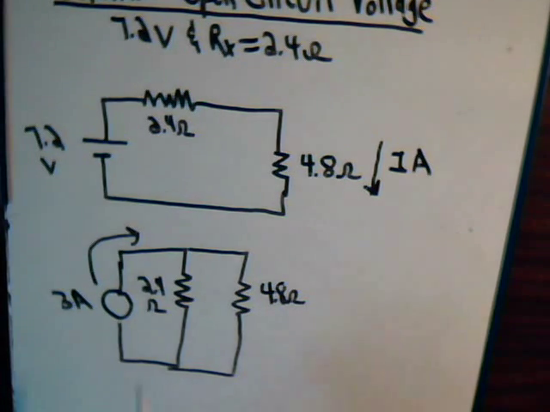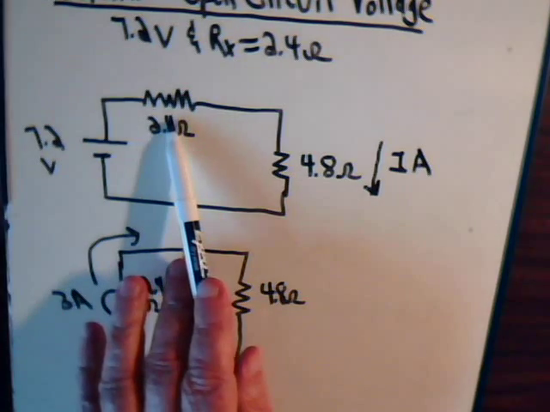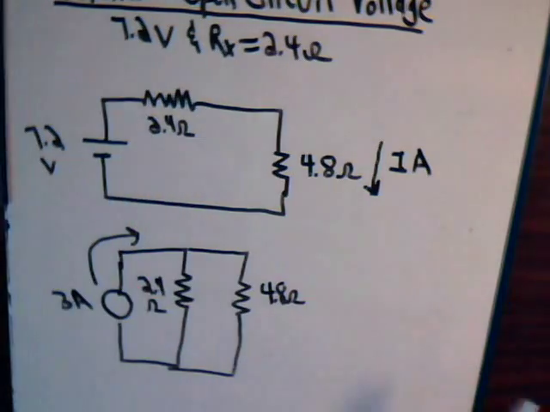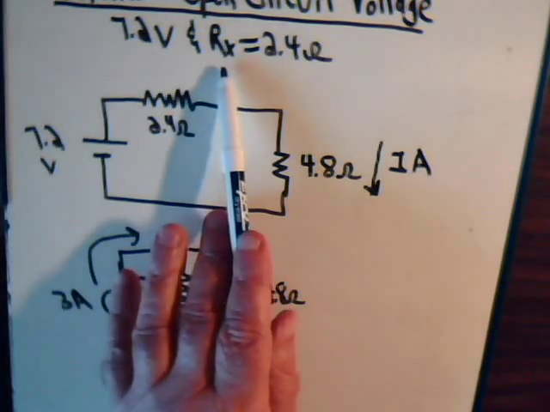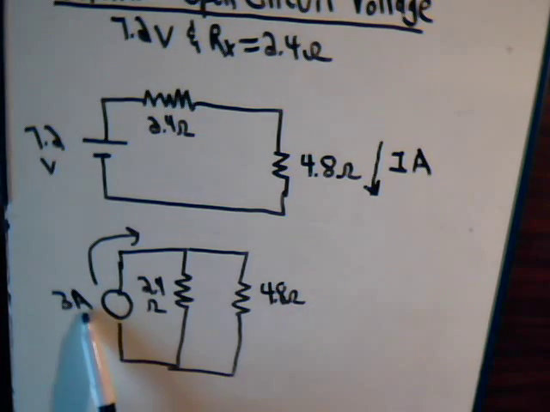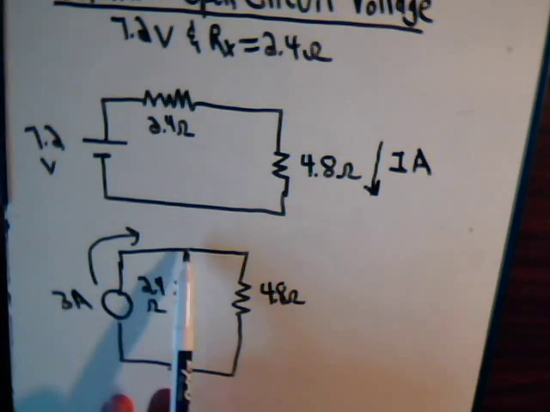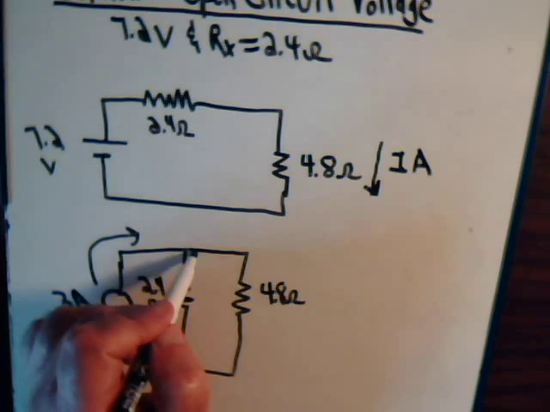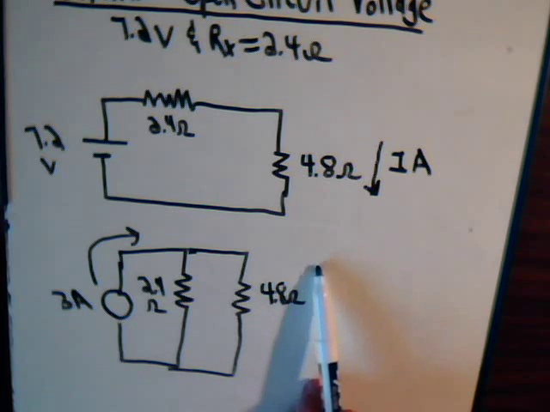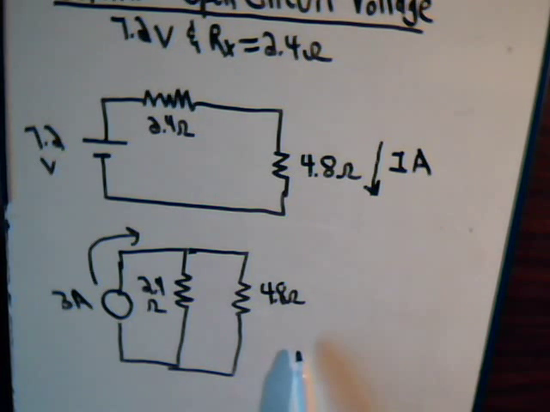Here we have this voltage source divided by that resistor in series with it, or Rx value, and that is 7.2 divided by 2.4, which is 3. There's a current source of 3 amps. This is in parallel with it now. Again, we demonstrated this back in videos 8 and 9, and then we have the rest of the circuit. So this should be the Norton equivalent of it, and the amount of current coming through here should be 1 amp.